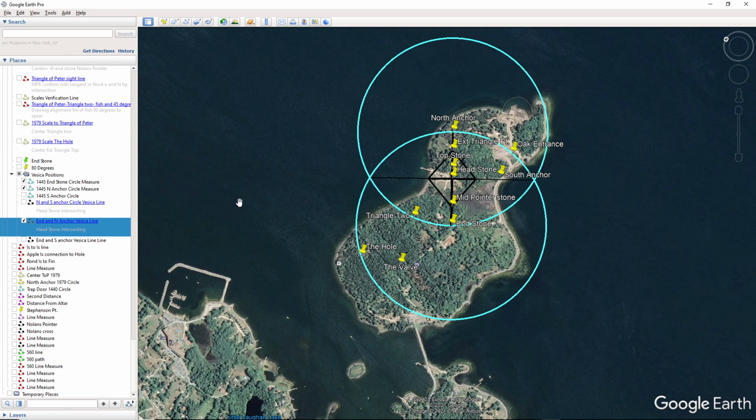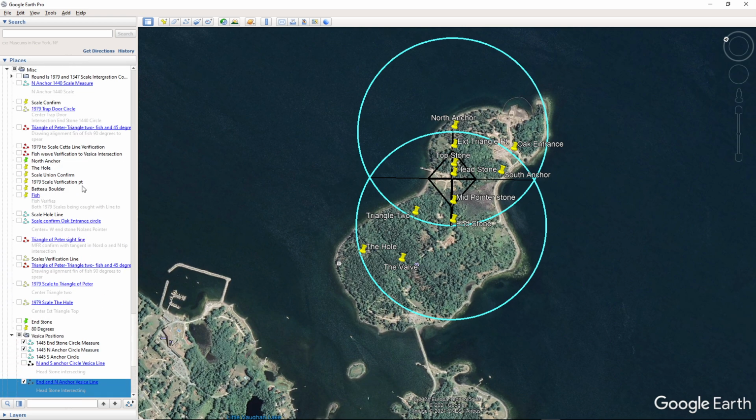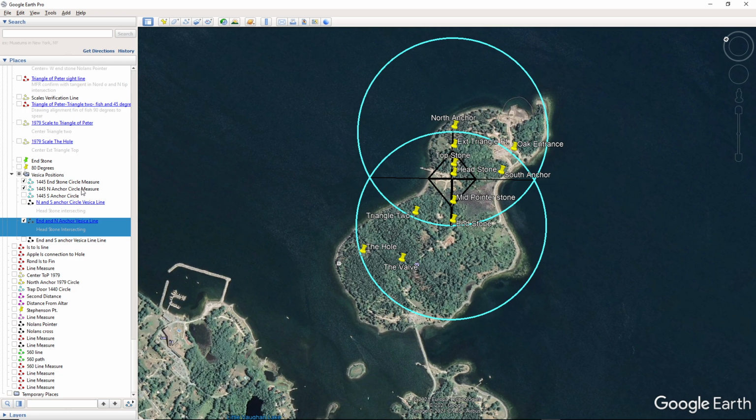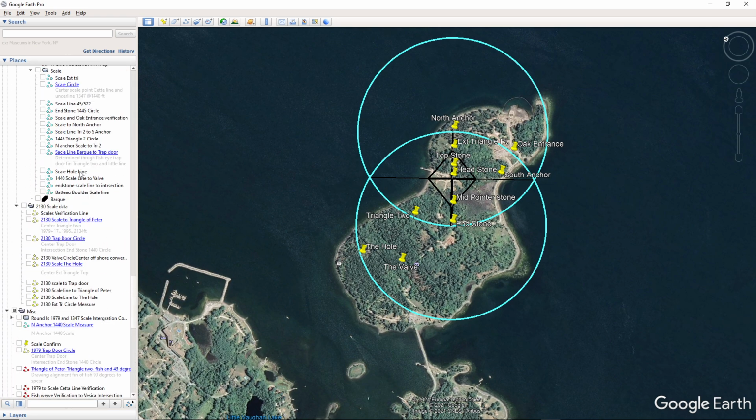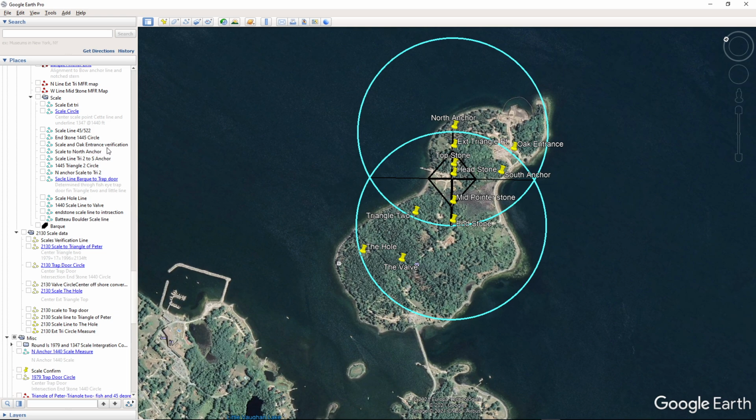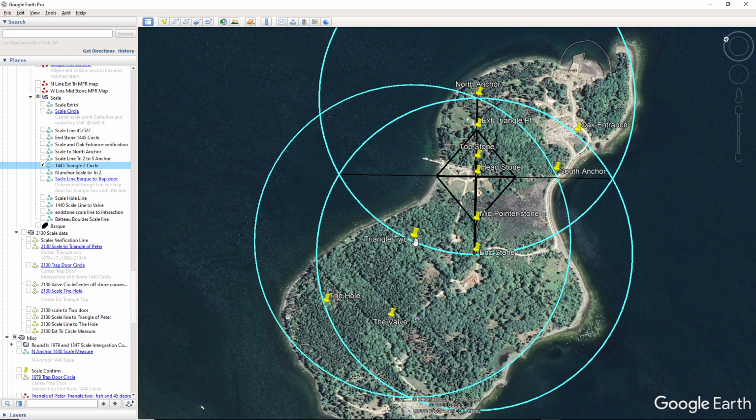So the thing that I wanted to show you is before I was using the scale line that was coming from triangle 2. And where is that? Right here. So I was using this one where the center is triangle 2, and it was going through the north anchor and the south anchor.